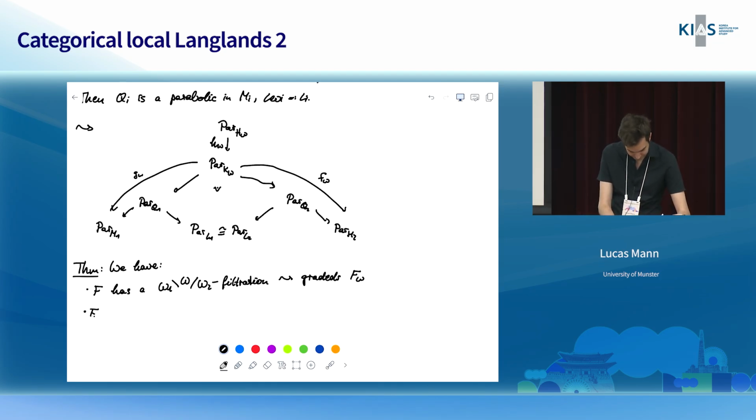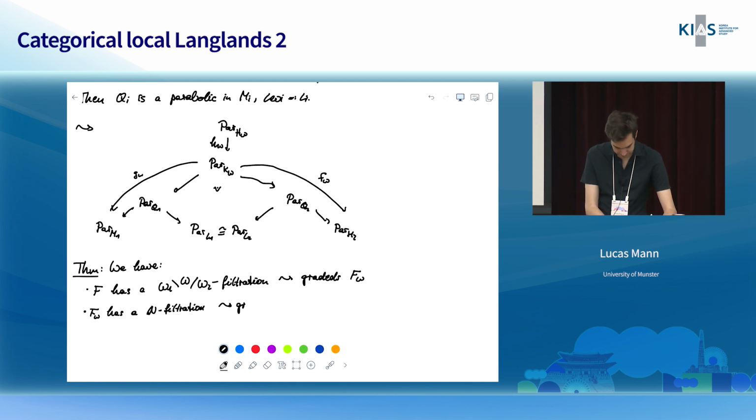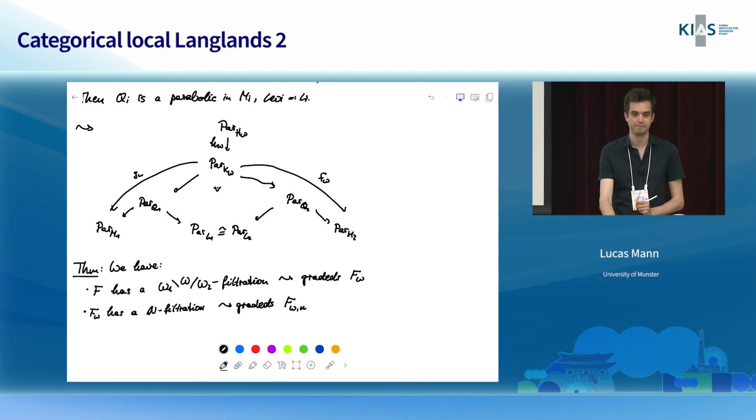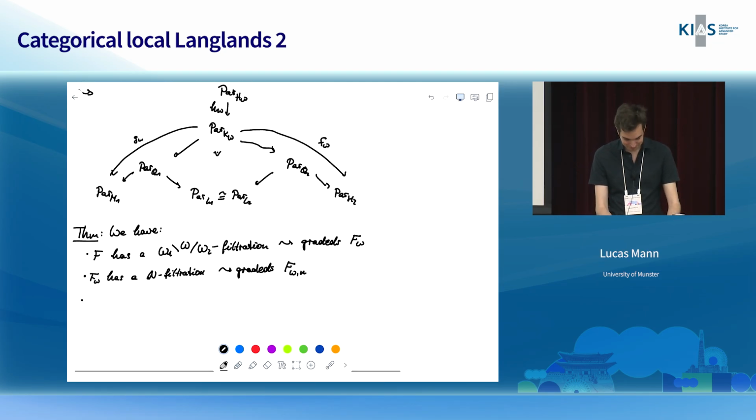So each FW has an N filtration. Then this has some gradeds, and these gradeds I can denote FWN. Okay, now you could hope you can stop here, but unfortunately we have to go one step further. So now this FWN I can decompose further.